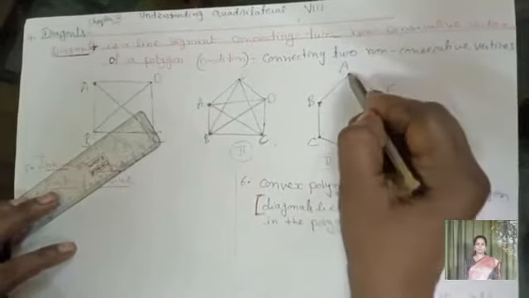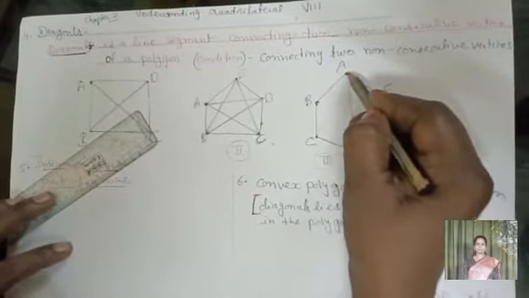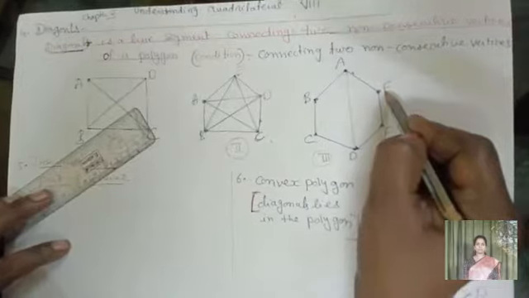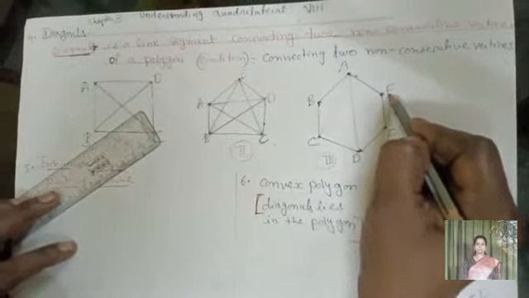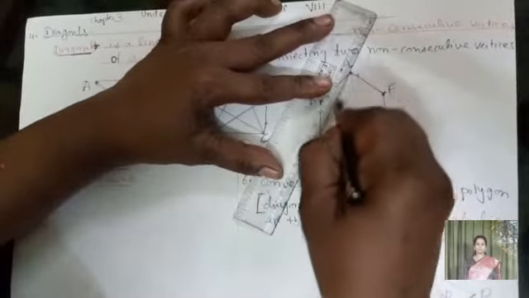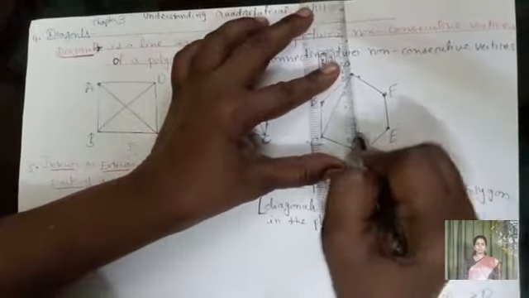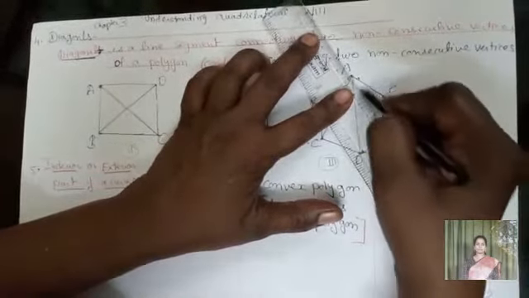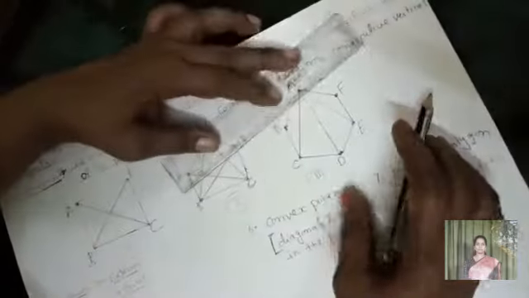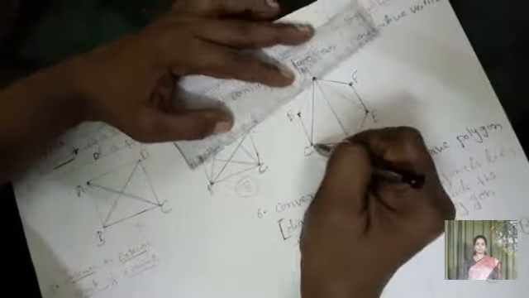Now let us move towards another polygon, that is the hexagon. We know A is a vertex and B and F are the two consecutive vertices. So as per the definition we cannot join them. From A we can join to C, to D and to E. Again from point B we know that A and C we cannot join.